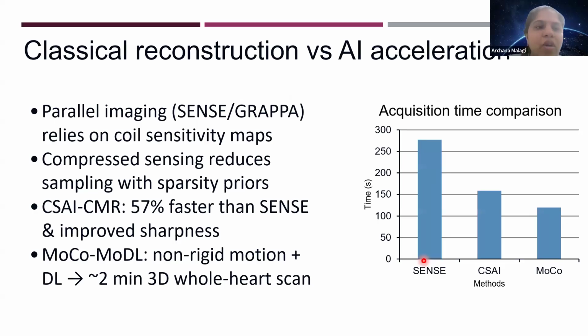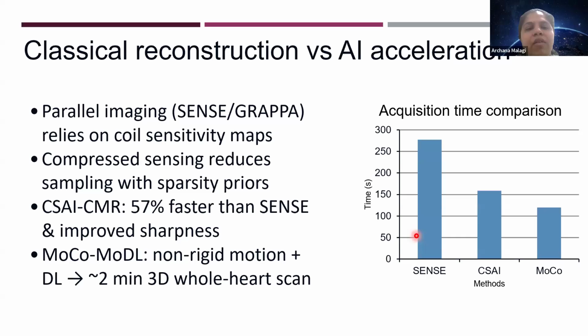Now let's compare the amount of time a classical reconstruction and AI based reconstruction take. This is the traditional reconstruction. You can see it takes a lot of time, like 300 seconds to get one image.